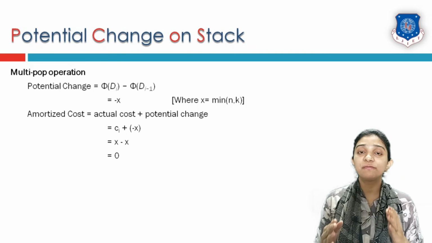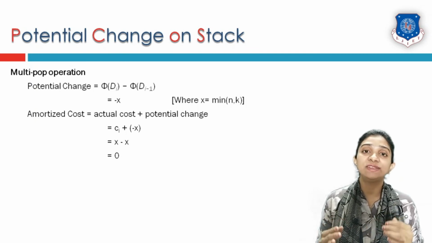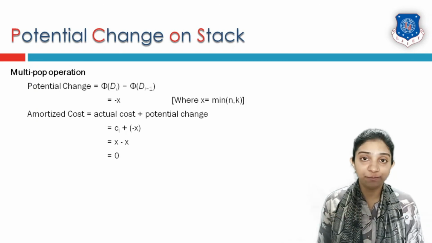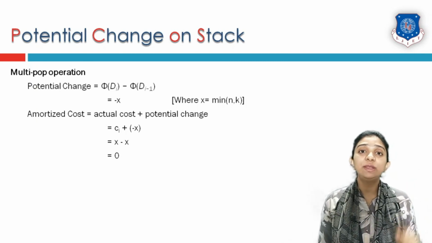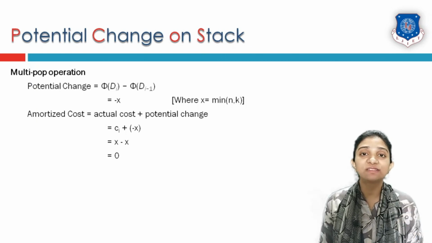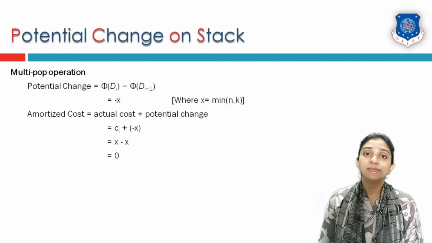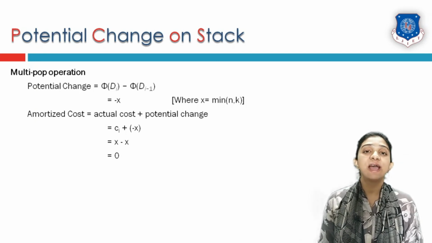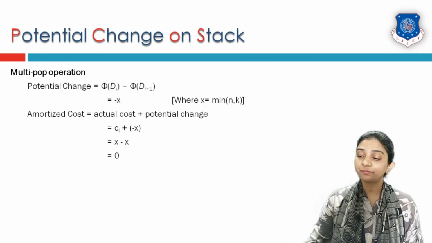So instead of the minimum of n comma k, I write x, plus the potential change in multi-pop. We have just calculated the potential change is minus x. So x minus x is equal to 0. The amortized cost of the multi-pop operation over the stack is 0.